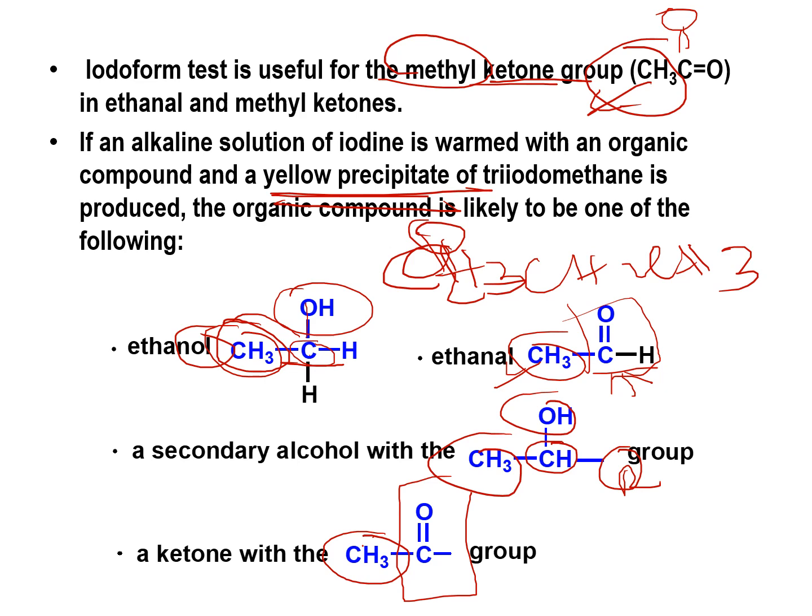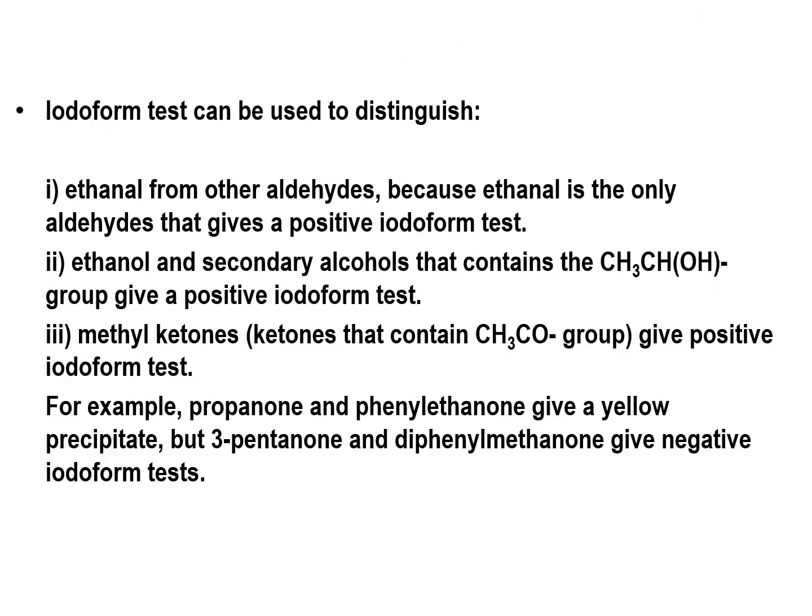So the iodoform test is used to distinguish ethanol from other aldehydes, because ethanol is the only aldehyde that can give a positive iodoform test. Second, to distinguish between ethanol and secondary alcohol that contain a CH3 group that gives a positive iodoform test.